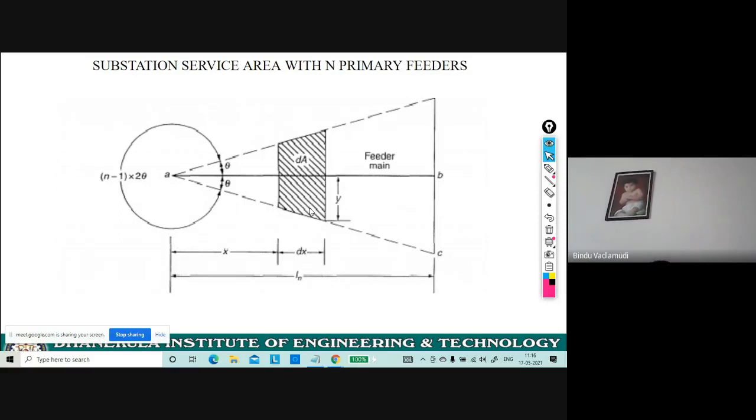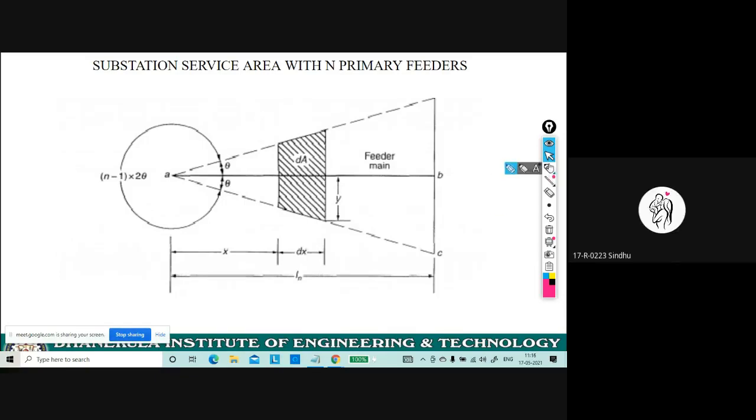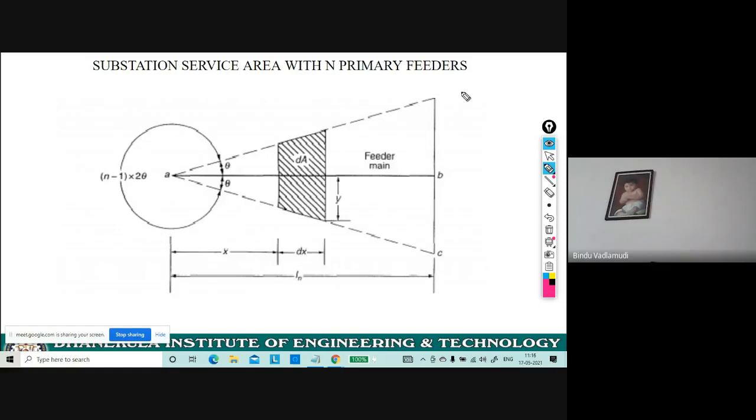The total angle covered by the substation is 360 degrees. If you have 10 feeders, that is n is equal to 10, then the angle between feeder to feeder, theta, is equal to 360 degrees divided by 10, which is 36 degrees.